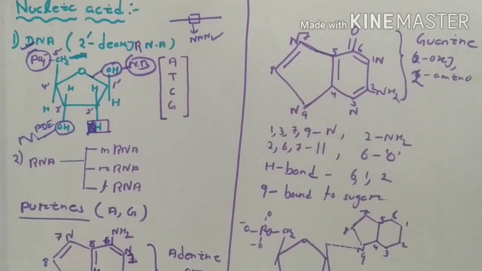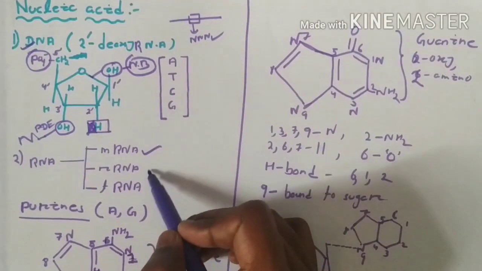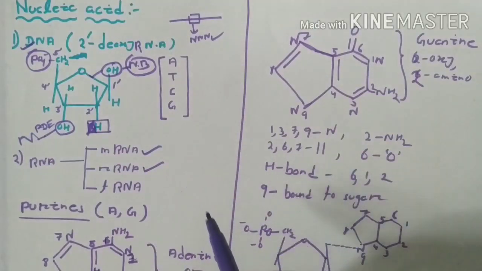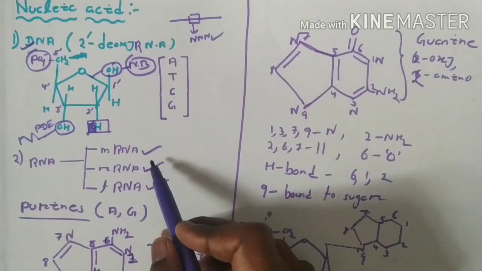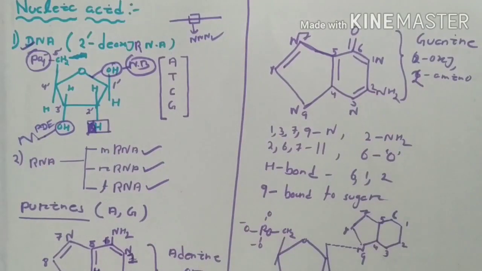Besides that, RNA also belongs to nucleic acid. It is also known as ribonucleic acid. It has 3 forms: messenger RNA, ribosomal RNA, and tRNA. The messenger RNA mostly acts as the informational molecule in our cell that codes for protein in the process of translation.